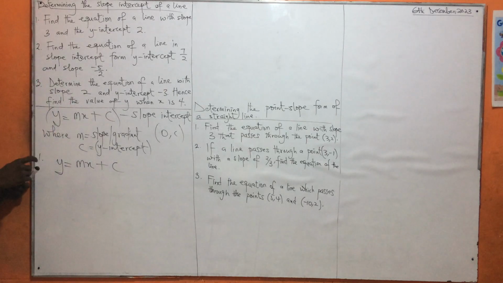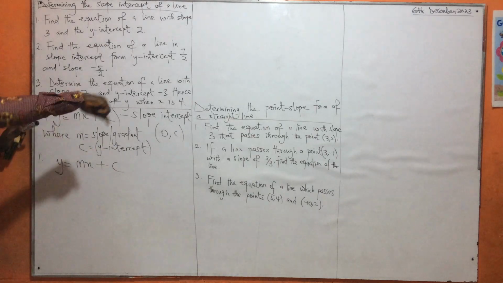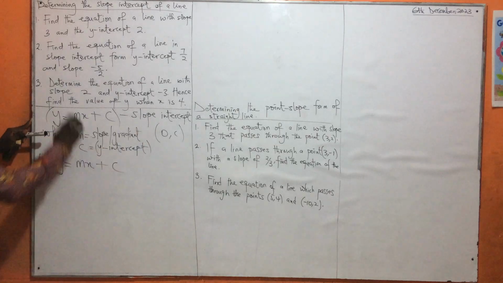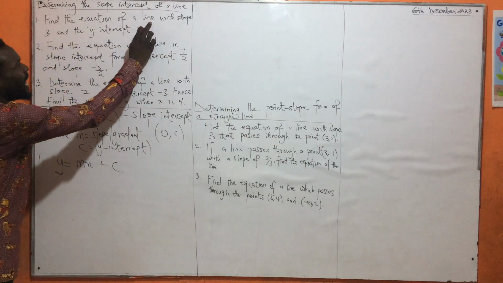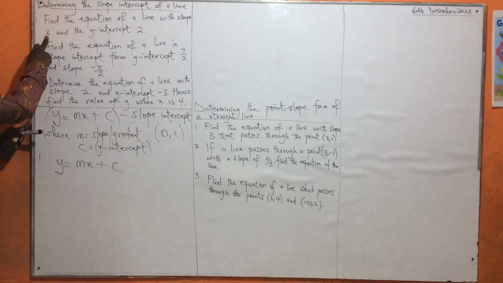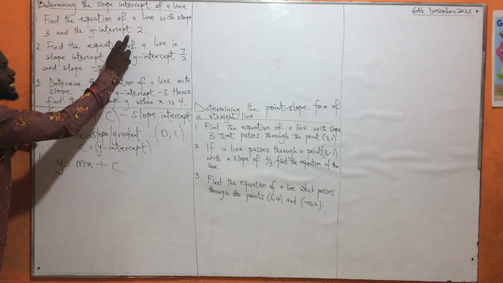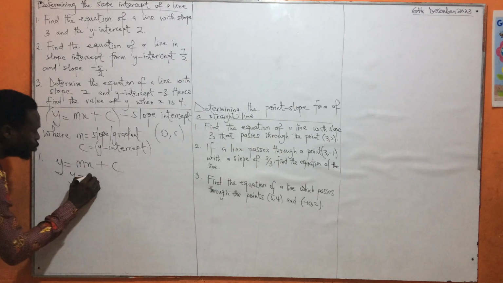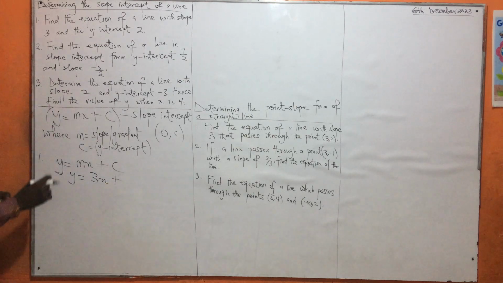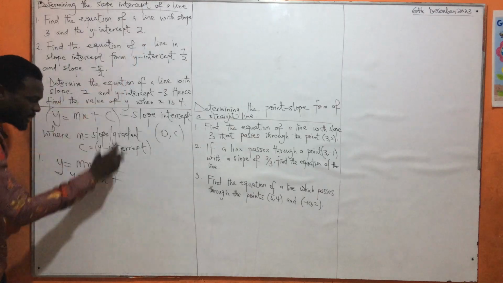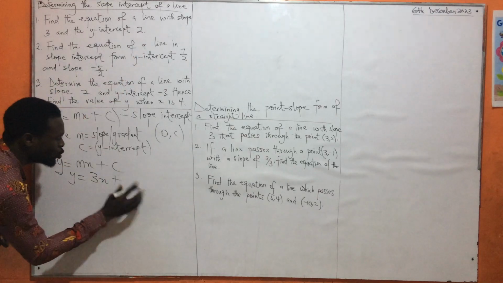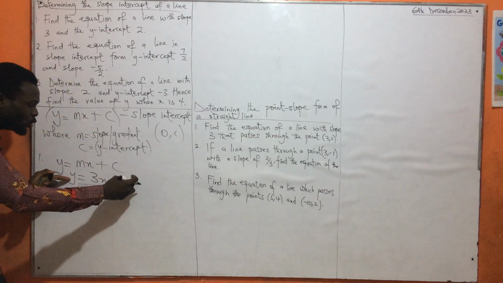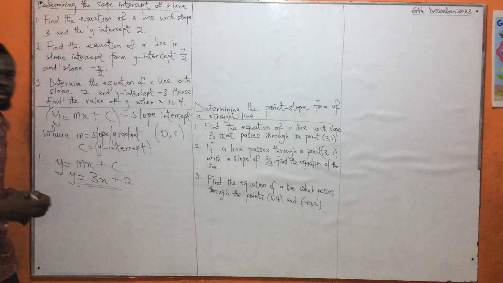What is m? m is the slope. What is c? c is the y-intercept. So the slope, which is the gradient, is 3, and the y-intercept, c, is 2. So y is equal to 3x plus 2.